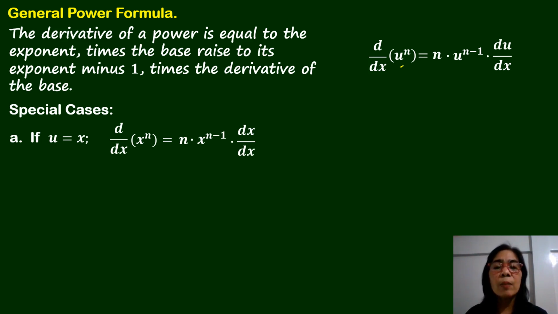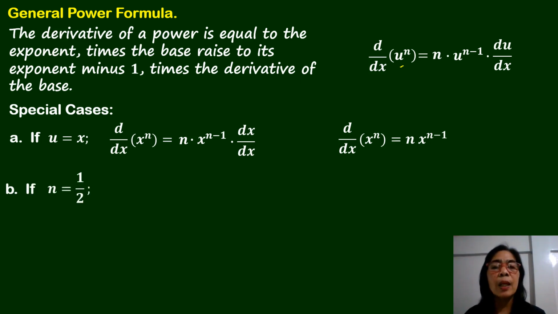We know that the derivative of x with respect to x is equal to 1. Hence, we now have the formula: the derivative of x raised to n is equal to n times x raised to n minus 1.